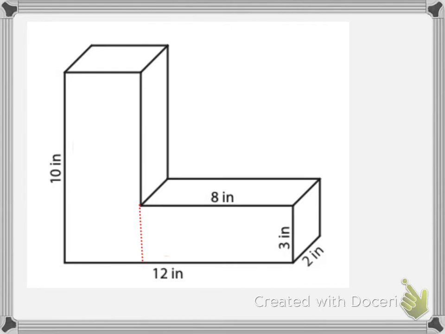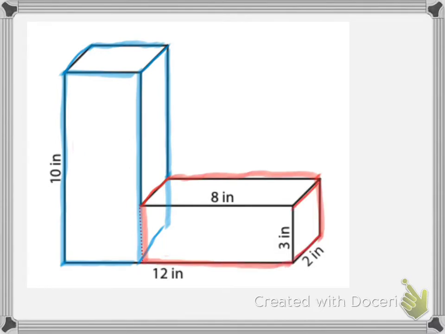Now I have two separate rectangles, and I have this blue one, and I drew the lines down lower so you could see what it would look like hiding behind that one on the side. If I imagine that blue one is all by itself, and now I have this red one that's all by itself, I have two completely separate rectangles that I can find the volume of.